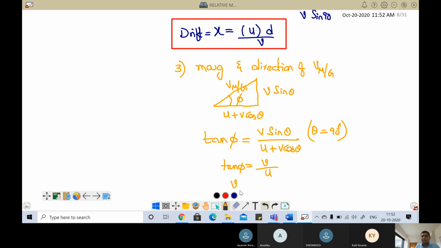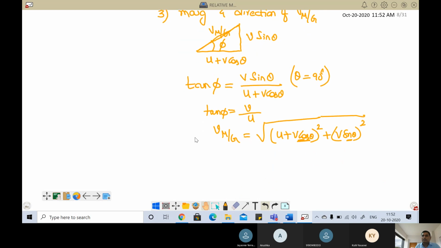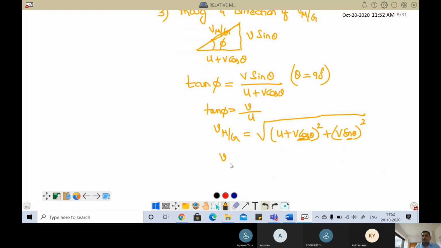Its magnitude is the hypotenuse, so root over u plus v cos theta whole square plus v sin theta whole square. When you substitute theta as 90, this is 0, this is 1. So the velocity of man with respect to ground is root over u square plus v square. That's all. So 3 results are there.